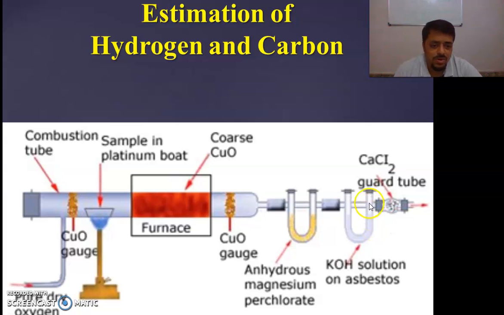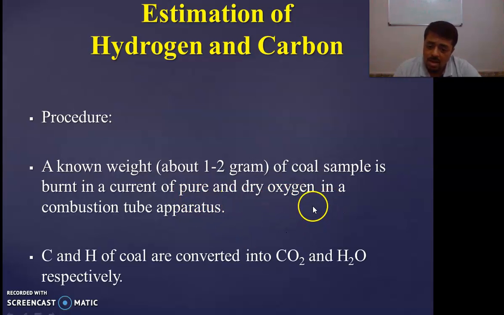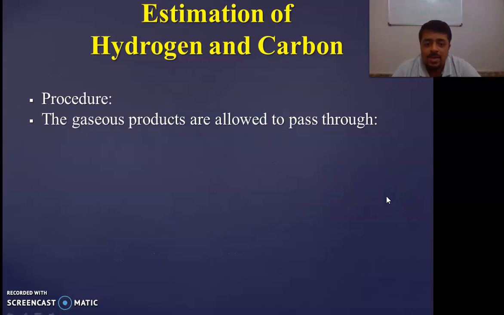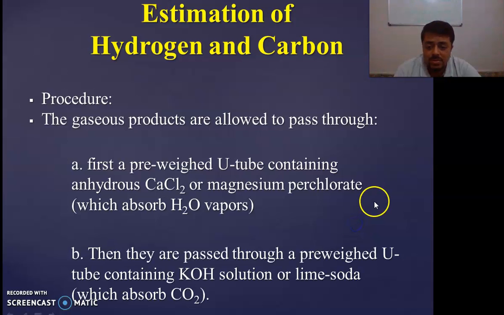The same procedure you can observe in the next two to three slides. A known weight of coal sample is burnt in a current of pure and dry oxygen in a combustion tube apparatus. Carbon and hydrogen are converted to CO2 and H2O respectively. The gaseous products first pass through a pre-weighed U-shaped tube containing anhydrous calcium chloride or magnesium perchlorate, which absorbs H2O vapors.